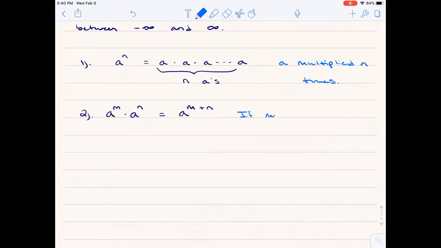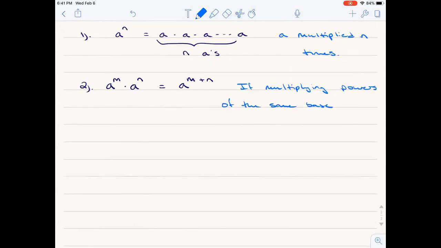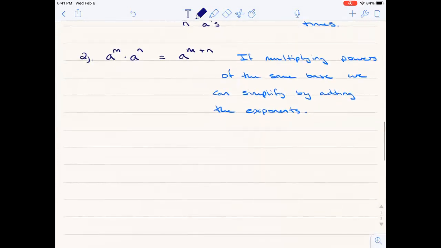So if multiplying powers of the same base, we can simplify by adding the exponents. So here we're multiplying the same base, right?